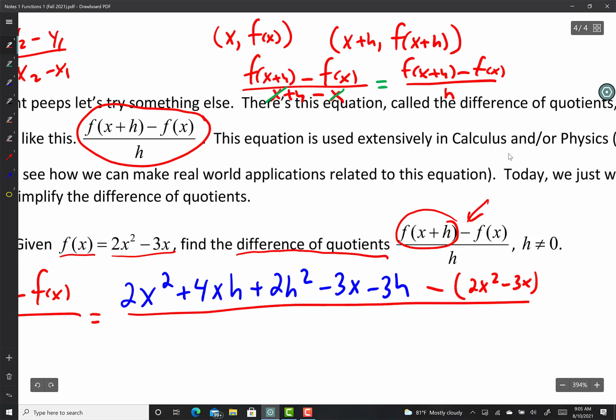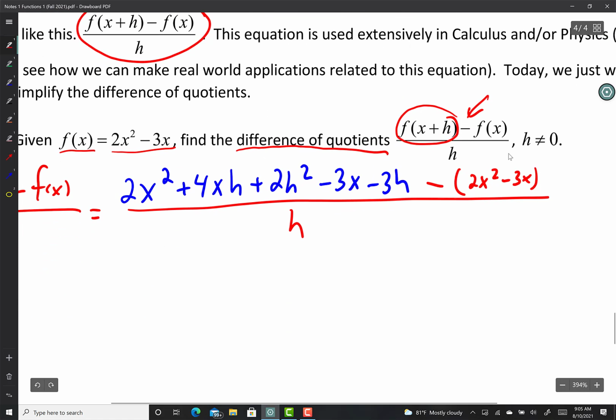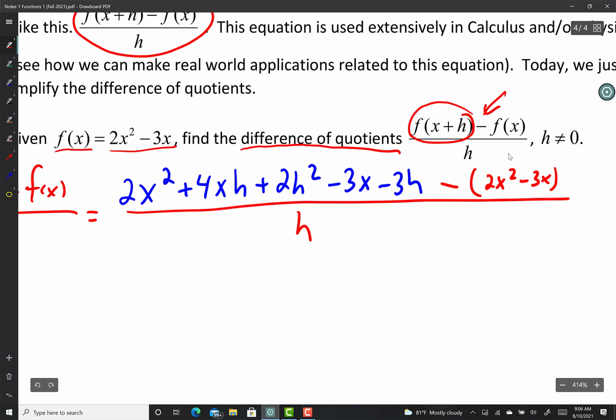All this is over h. Everything in blue is your f of x plus h. If you have colored pencils for good notes, you can, but you don't need to.